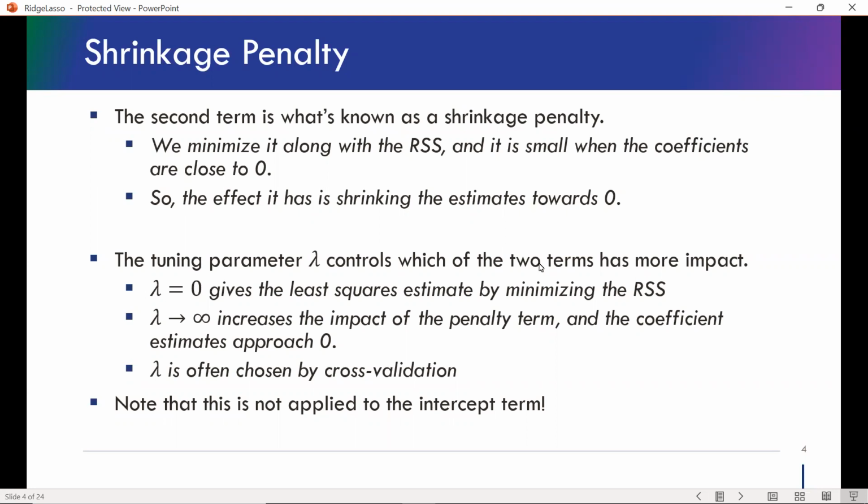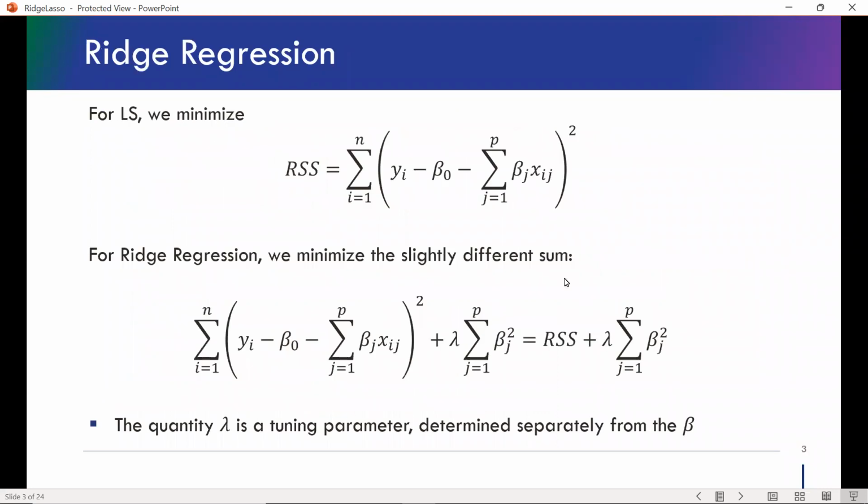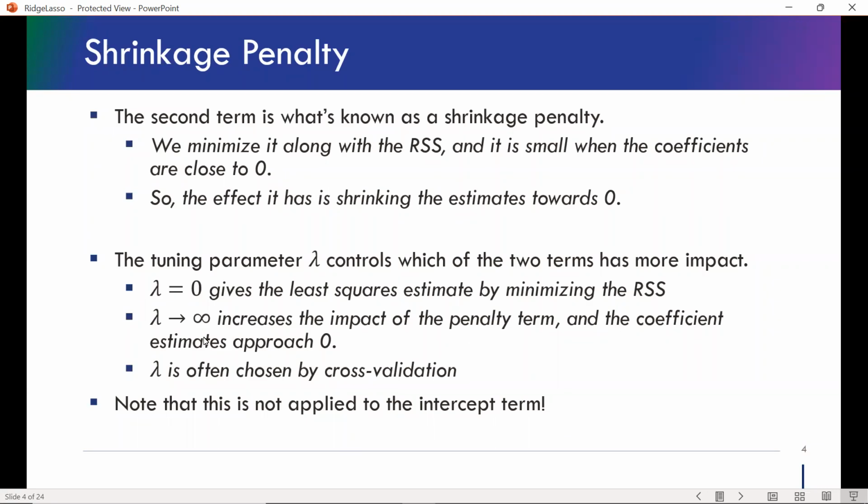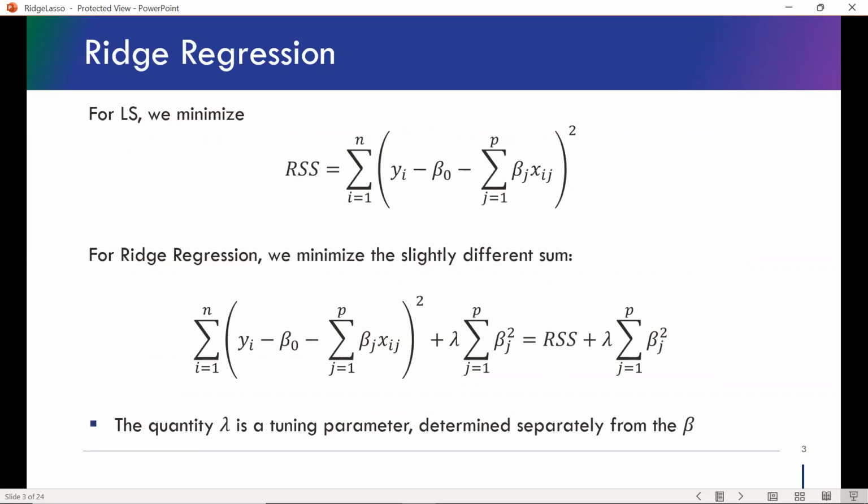The effect this penalty term has is shrinking the estimates towards zero. We want this small and this also small, so this being small means we're dragging those betas to zero. And this tuning parameter controls which of these two terms has more impact.